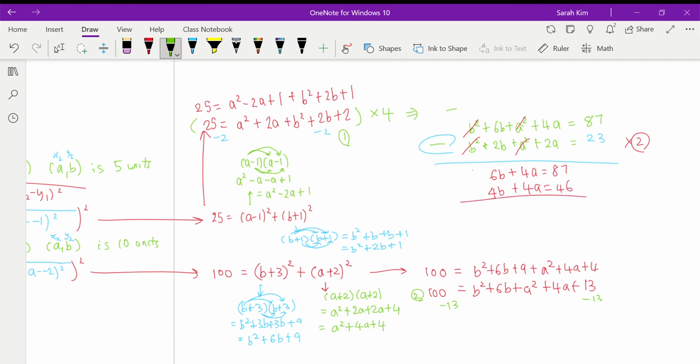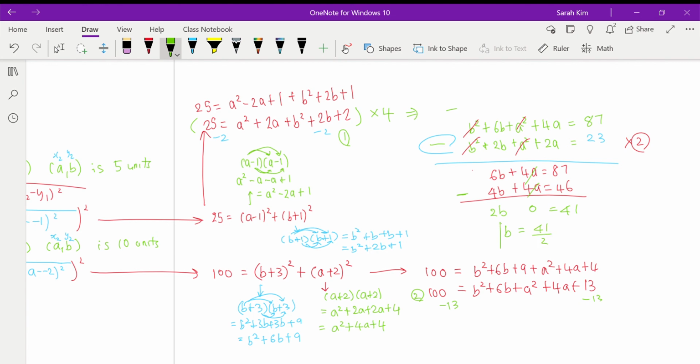And I should be able to solve it simultaneously. Right, so let's go take. So I get 2b equals 87 take 46, 41. So my b must be 41 divided by 2.